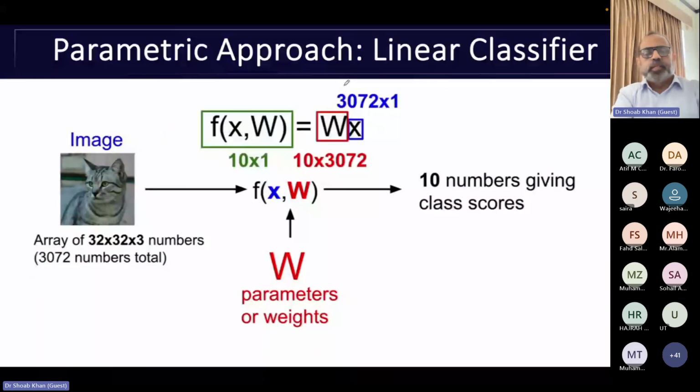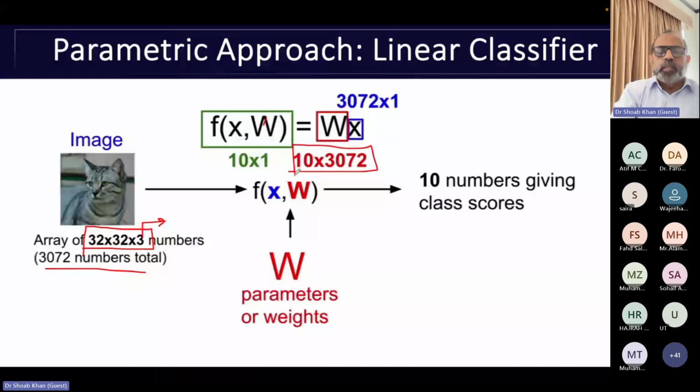So here it shows you the same thing, that you have 3072 numbers total, which primarily are a 32 by 32 by 3 image. Okay, so three are the colors R, G, and B, and you have a W which is 10 into 3072. So this is also important.